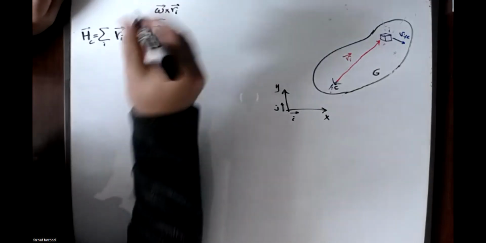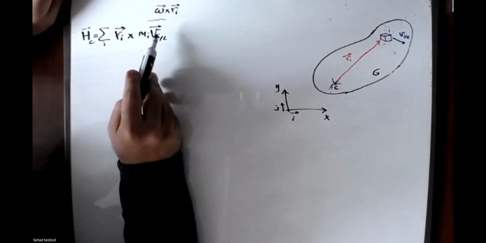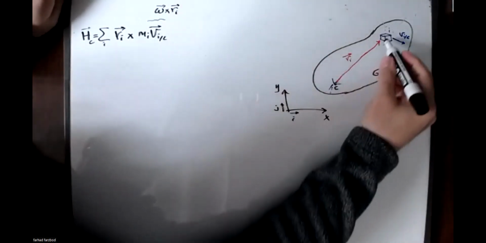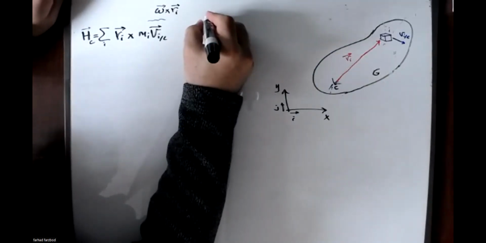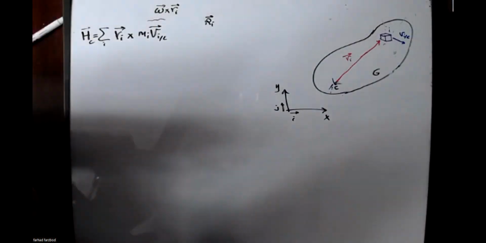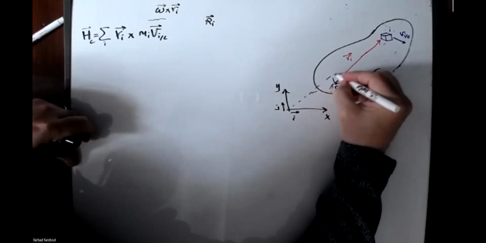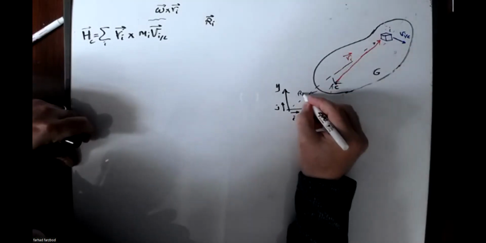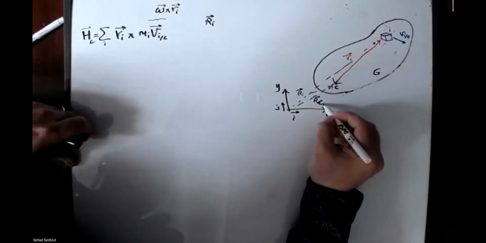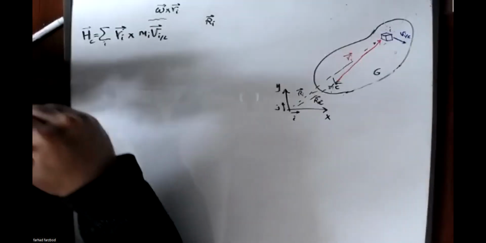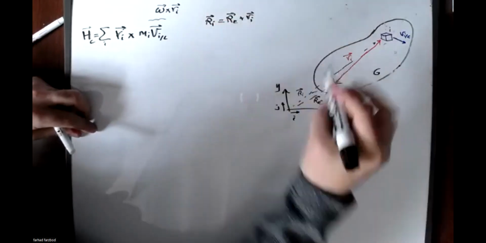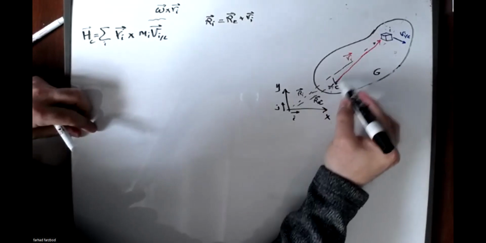We discussed it in another video, but you should know that the velocity of I is in fact, because we have Ri with respect to this inertial coordinate system, call it Ri, and I call this Rc, so I would have Ri equals Rc plus that Ri, right? This equals this plus this.